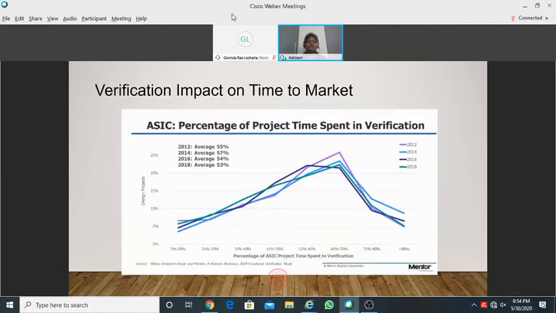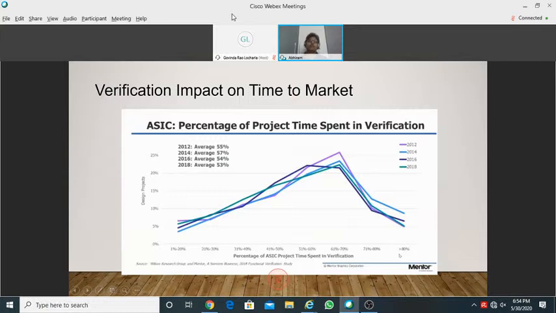Just another slide, if you see, we are doing this many verification stages and this many levels of verification. That is why, if you see the total percentage on the x-axis, the time that is spent on verification varies for most of the chips from 50% to 80%.